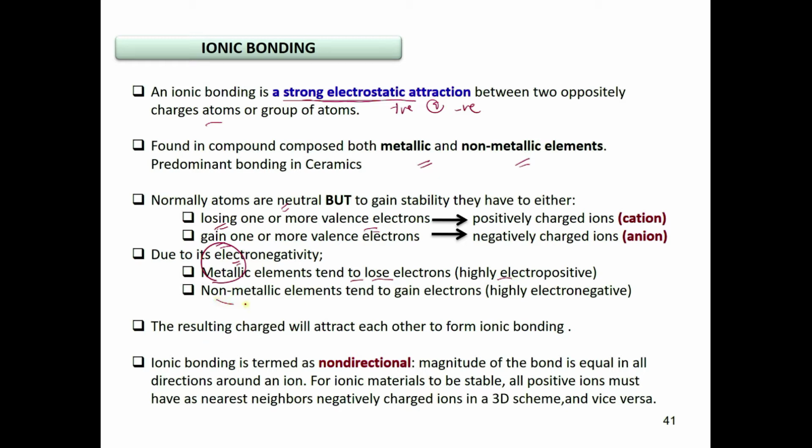Meanwhile, non-metallic elements tend to gain electrons and are highly electronegative. When one atom loses an electron and another receives it, they become ions. These positive and negative ions attract each other to form the ionic bonding. However, ionic bonding is non-directional, because the bonding between the ions is equal in all directions.